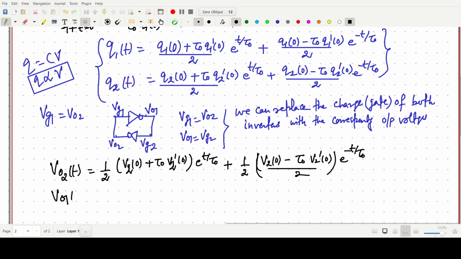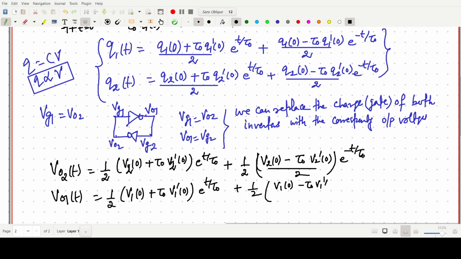Similarly, in terms of voltage, you can directly write 1 by 2 V1 0 plus tau naught V1 dash 0, e to the power t by t naught, plus V1 naught, V1 dash, where dash means differentiation, by 2 into e to the power minus t by t naught.